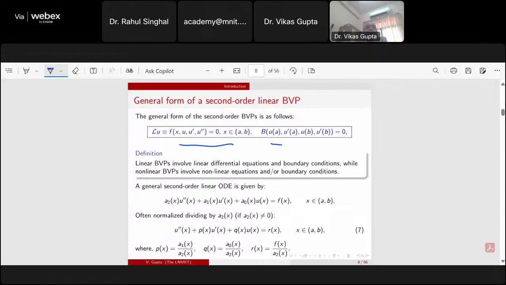So this is basically the difference between the linear and non-linear boundary value problem.